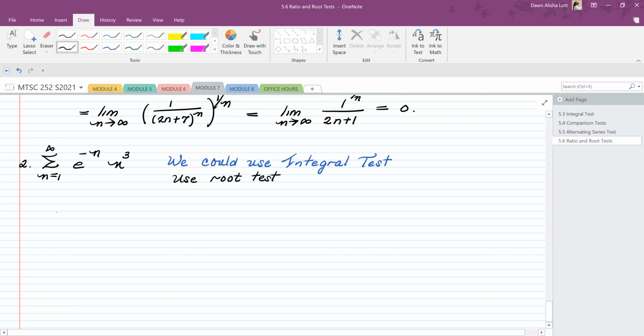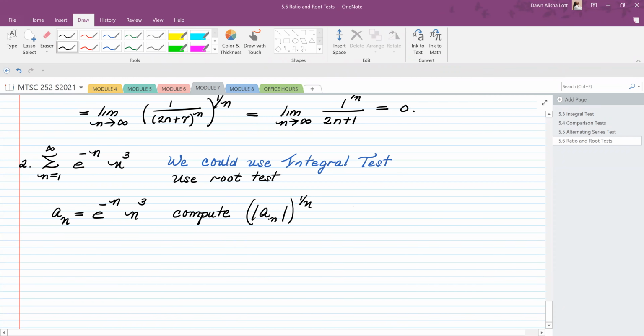So we're going to let an be e to the minus n times n cubed. So this time, let's compute. An is positive. So let's compute the absolute value of an to the 1 over n power.